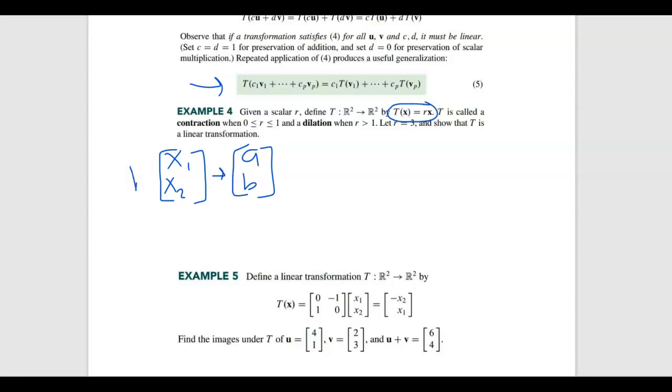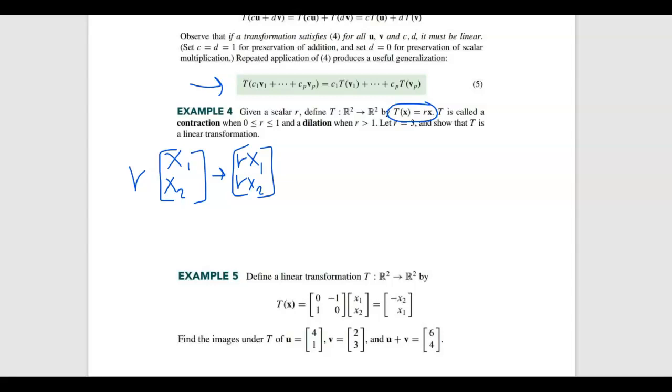So r times the x vector means that we're going to end up getting (rx1, rx2). Okay, that makes sense. It's called a contraction when r is between 0 and 1 because it's going to make it smaller, and it's called a dilation if r is bigger than 1. So let r equal 3 and show that this is a linear transformation.